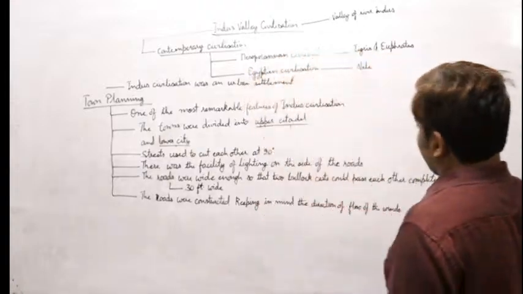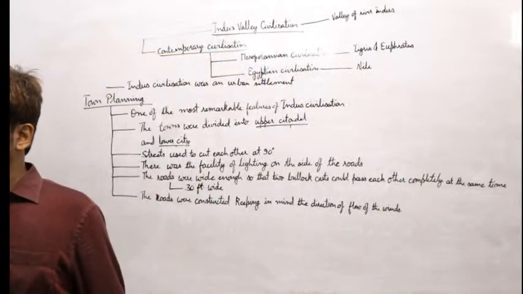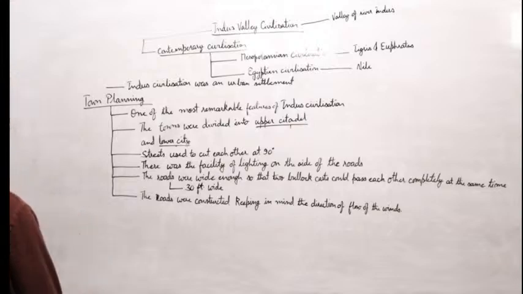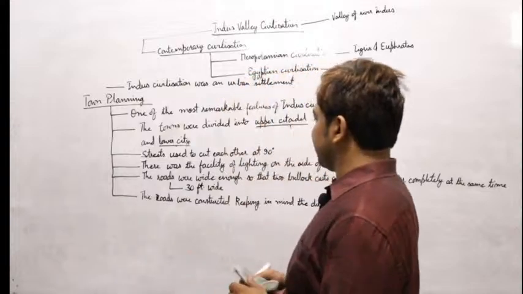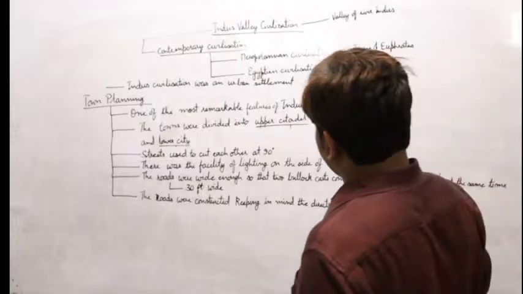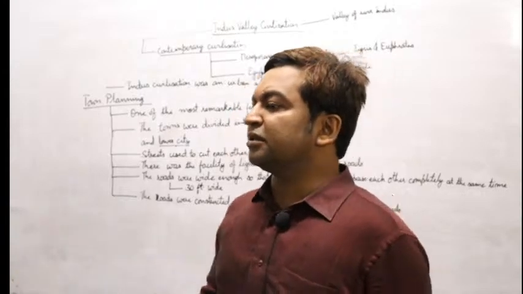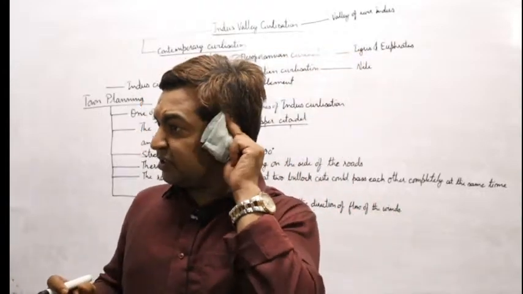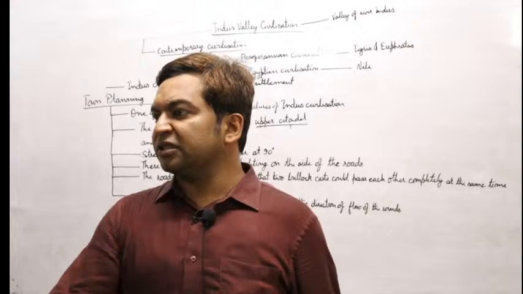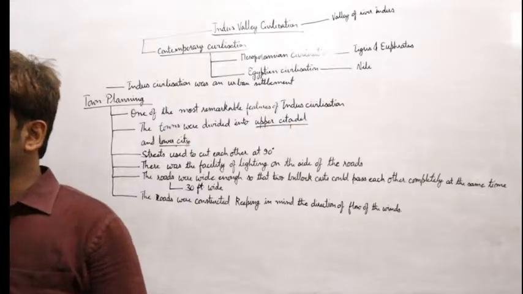So the roads were constructed accordingly. They were made in such a manner that when the winds used to flow, they could deposit the dirt or whatever waste was on the street, on the street side, and the only job was to collect them and dispose them off.